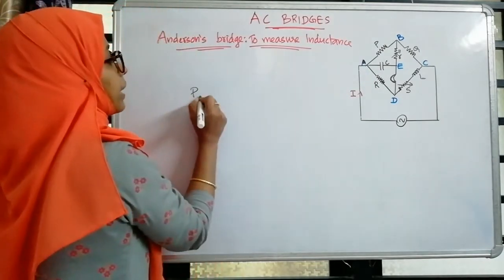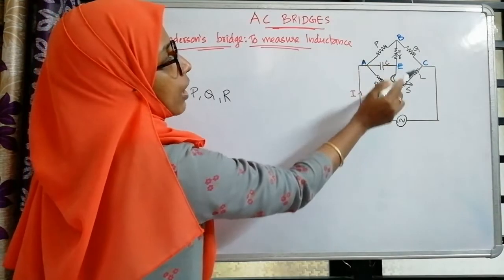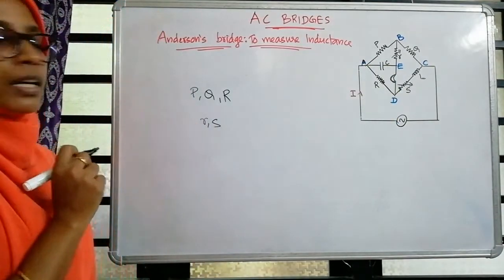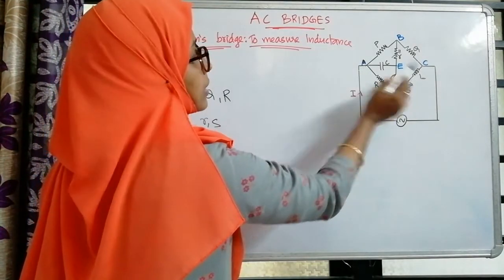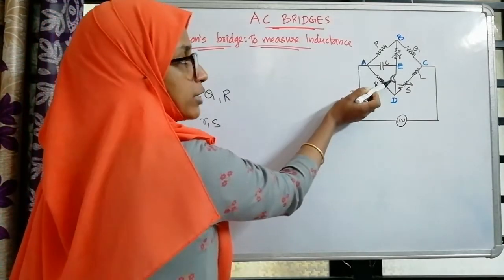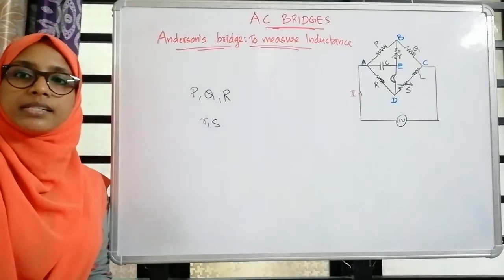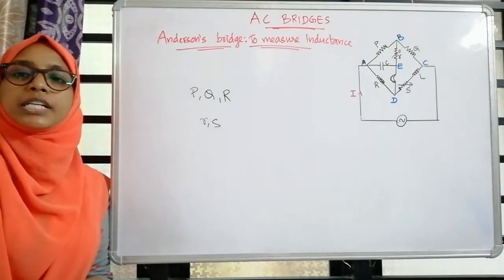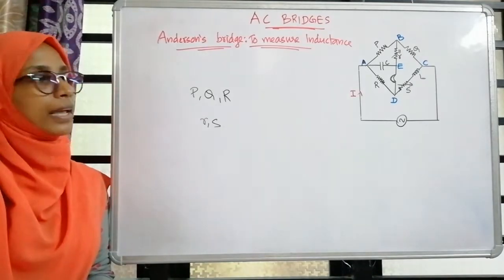That is, P, Q, R are the fixed resistances, and the small r and S are variable resistances. The capacitance C is connected in this, and L is the inductance to be measured. A detector is placed to verify the balancing condition. When the minimum sound is obtained in the headphone or detector, it is considered the balanced condition at B and D.